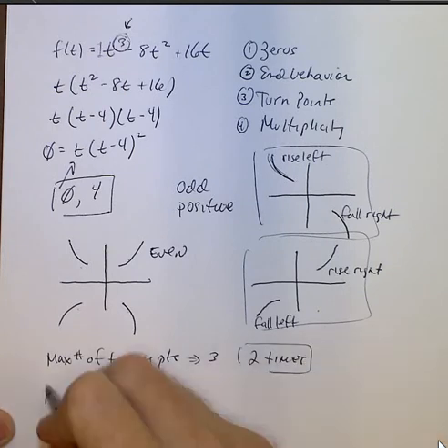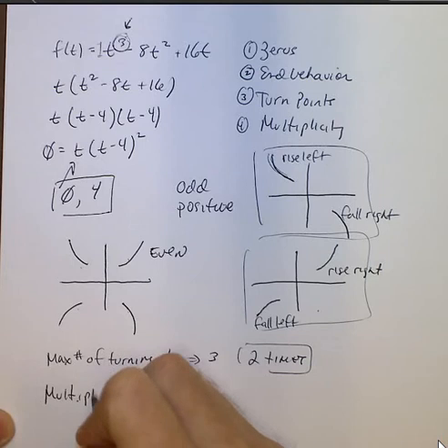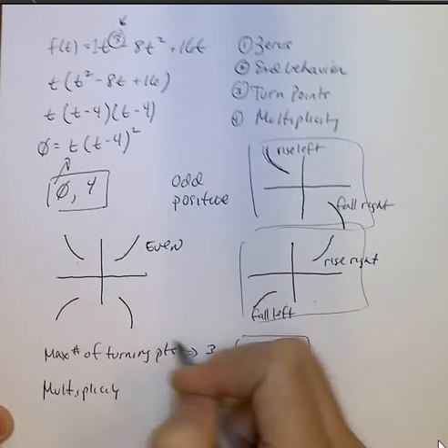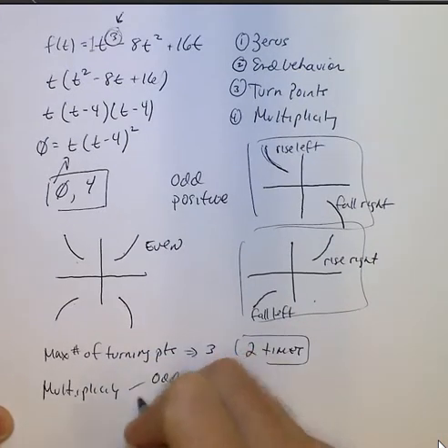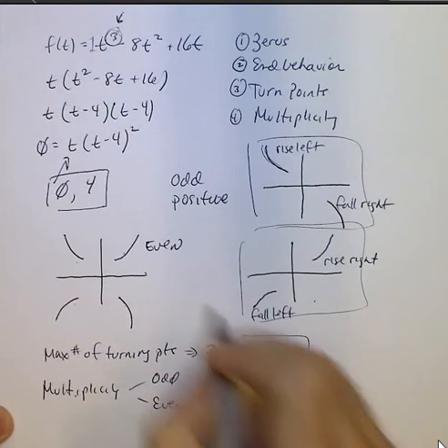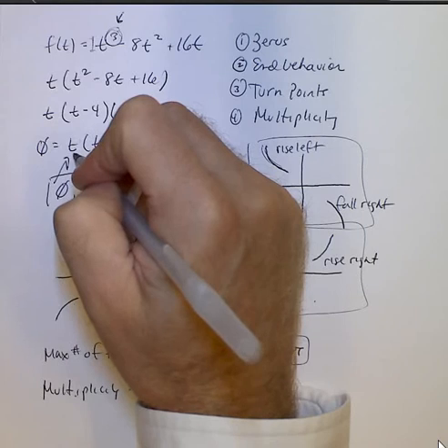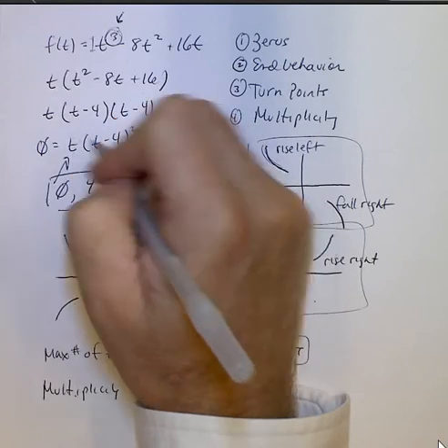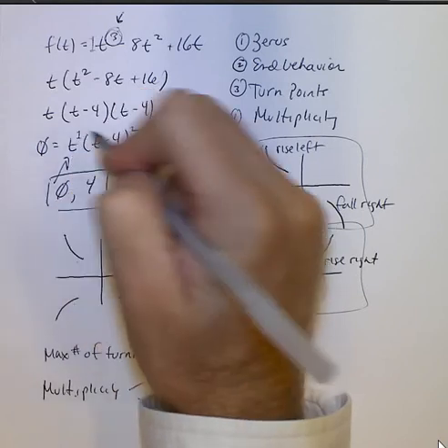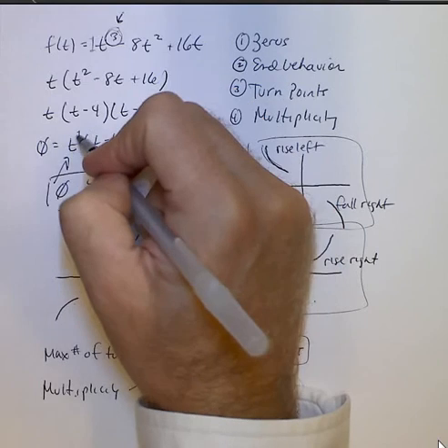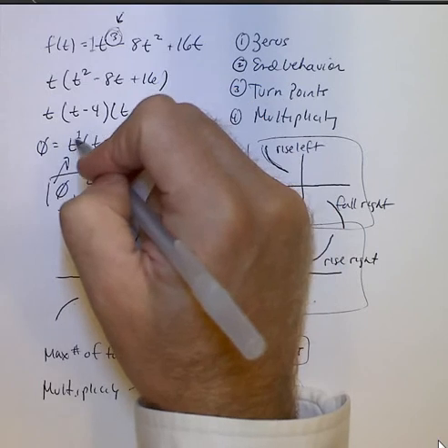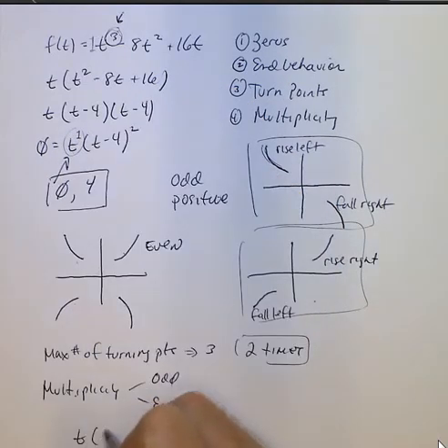And then finally there's multiplicity. Multiplicity could be odd or even. You look at the exponent of the factor. So here are two factors, t and t minus 4. We don't write a 1 here, but that's essentially t to the first, which is odd. So let me just write t times t minus 4 squared.